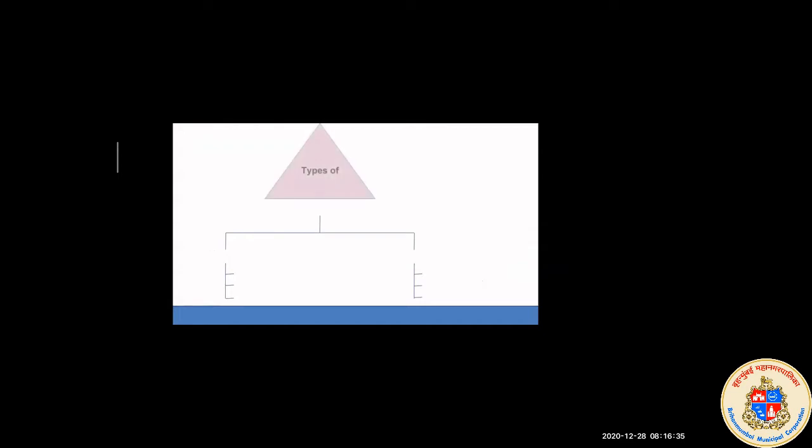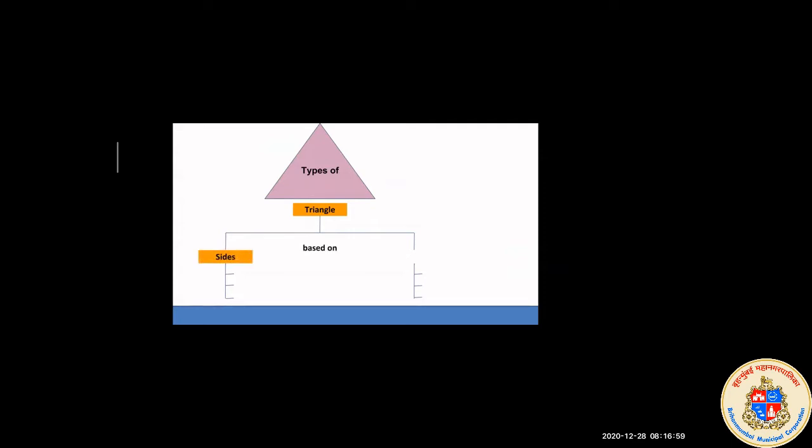Now we are going to see what the types of triangle are. There are different types of triangle. Now you feel like every triangle is the same. This is a triangle, this is a triangle. But when you study a triangle deeply, you will understand there are different types of triangle.